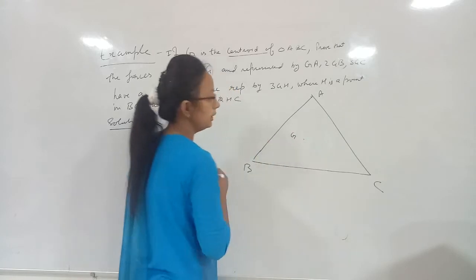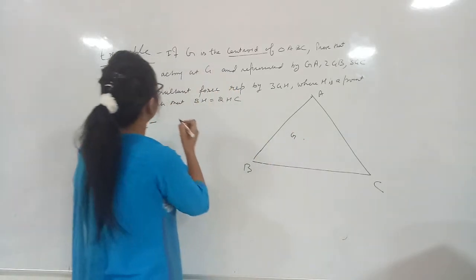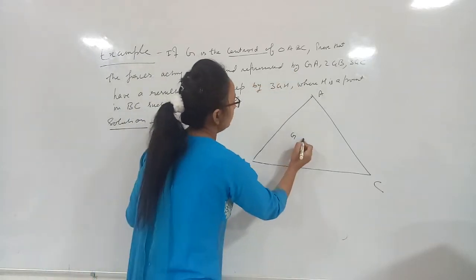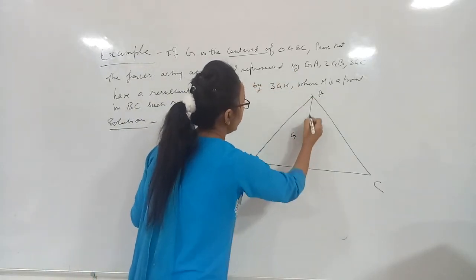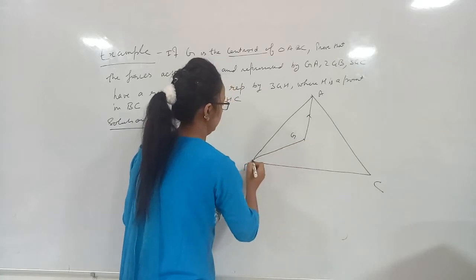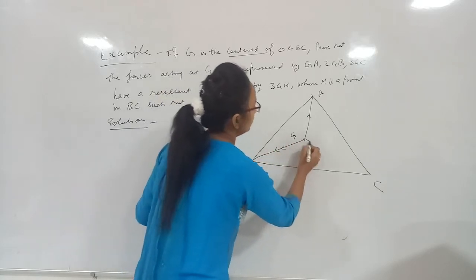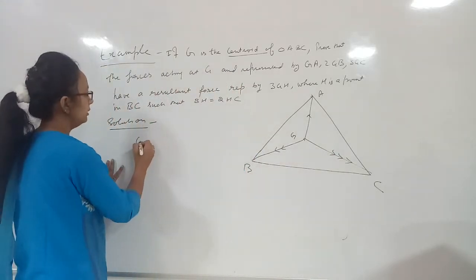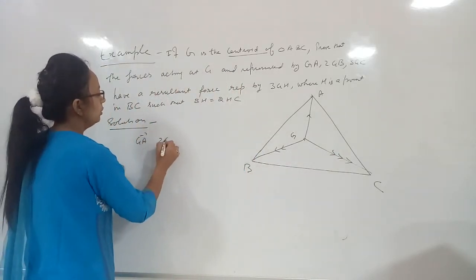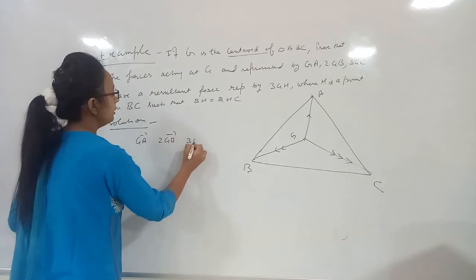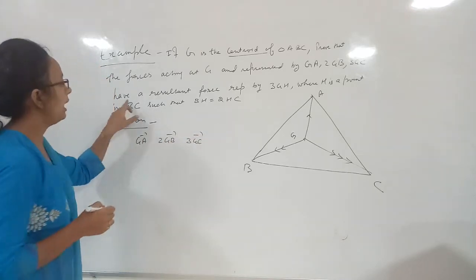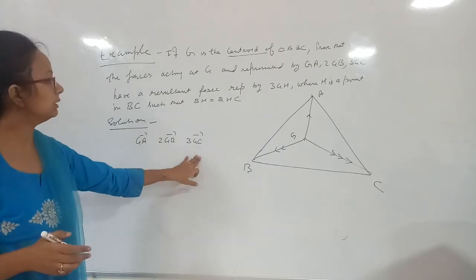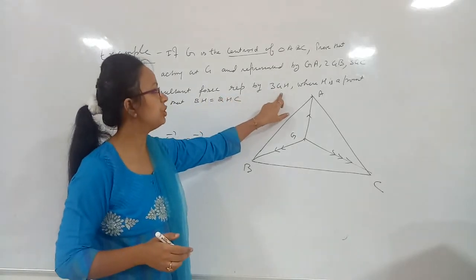Prove that forces acting at G represented by GA, 2GB and 3GC have a resultant. We will find the resultant of these 3 forces represented by 3GH.